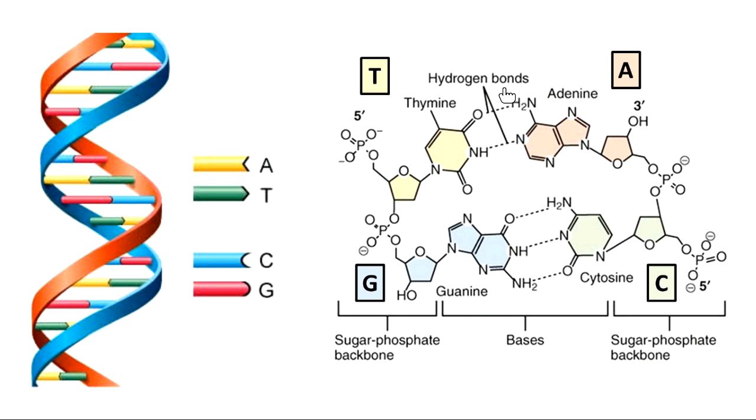Remember that the reason that T pairs with A and the reason that G pairs with C is because of the number of hydrogen bonds they can make. Thymine and adenine both can make 2 hydrogen bonds, only 2, not 3. Guanine and cytosine want to make 3, so they need to pair with each other because they want to have those hydrogen bonds.